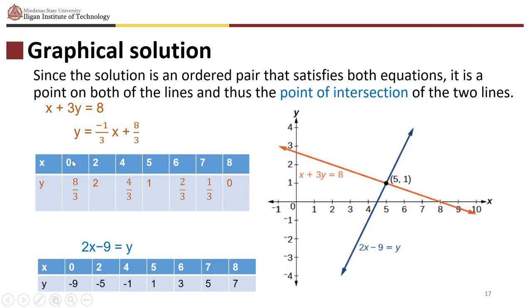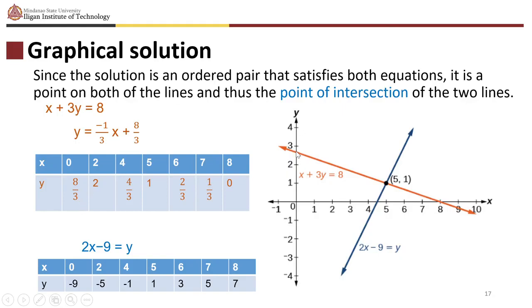When x is 0, for the first line, x plus 3y equals 8, so y is equal to 8 over 3. That is 8 divided by 3, so 8 over 3.